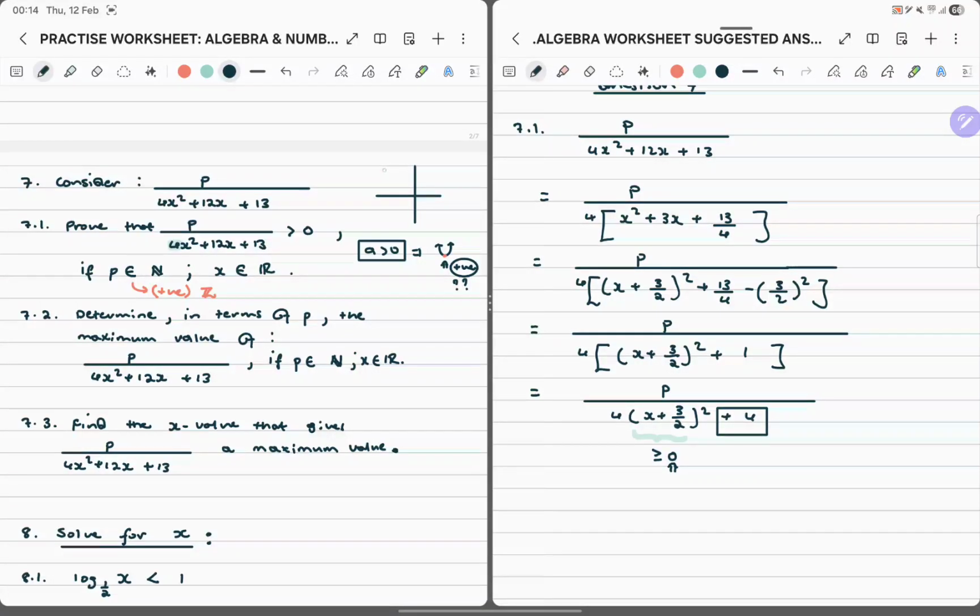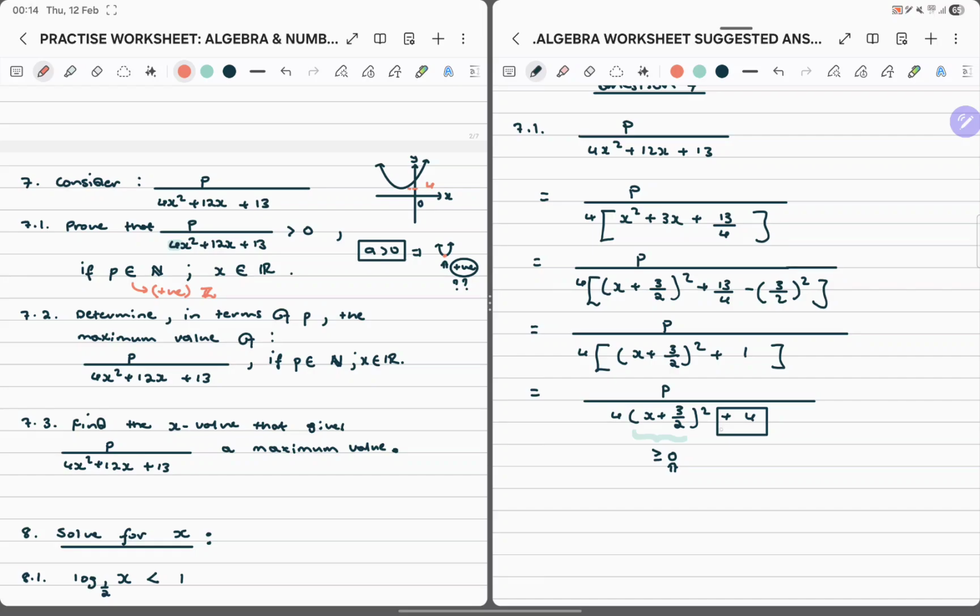So this is a graph like this. Appreciate these things. So can you see, this is telling us that this is at 4. So this parabola, if it never touches the x-axis, can you see everything is positive? So no matter what x value we put here, we'll always get a positive answer.